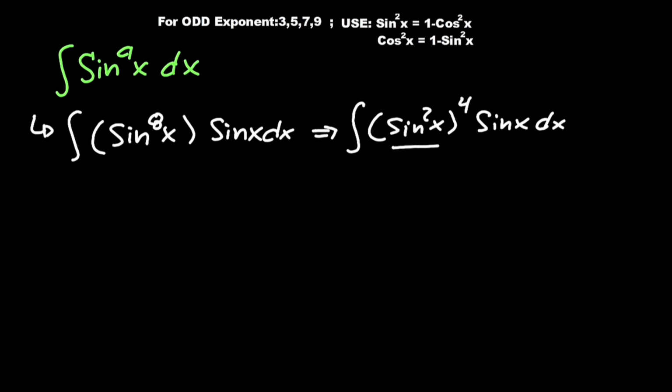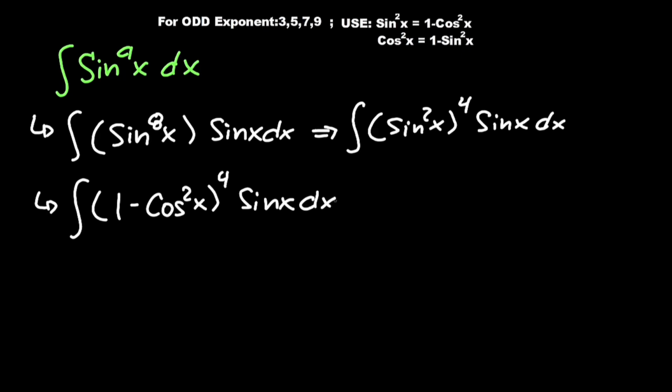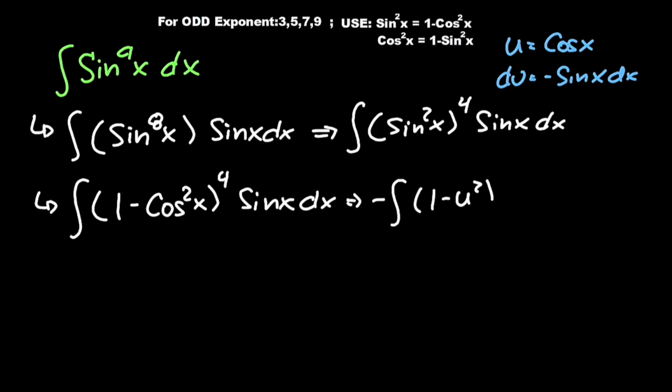And to transform this into its trigonometric identity, and so let u here once again be cosine of x. Derivative would be negative sine of x dx. So substituting this, we would have negative integral of 1 minus u squared to the power of 4 du.